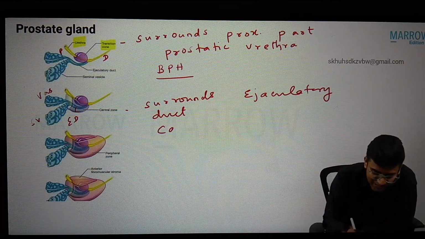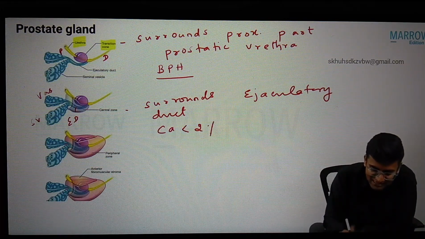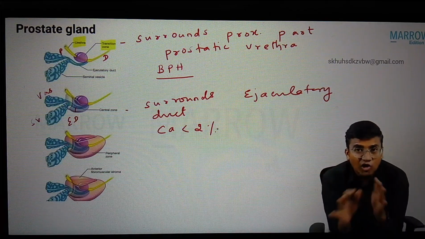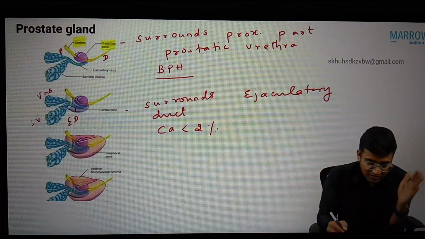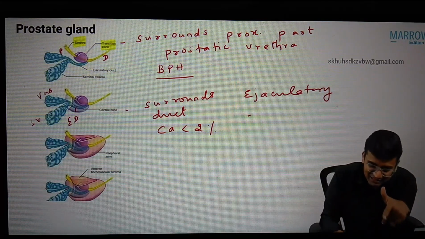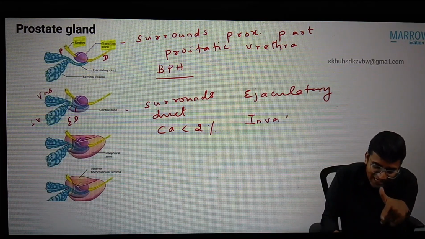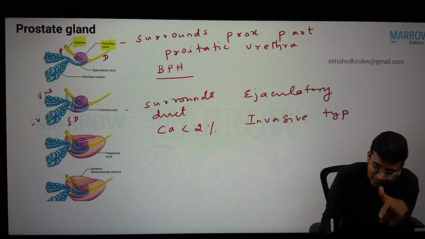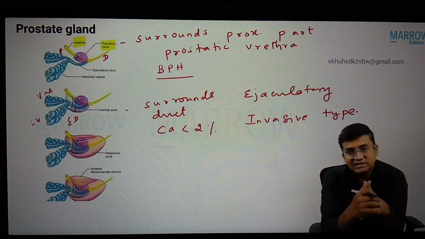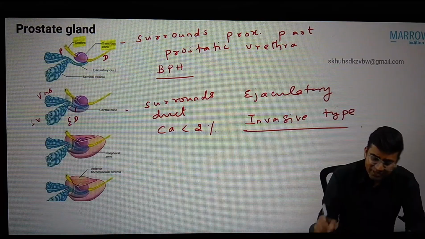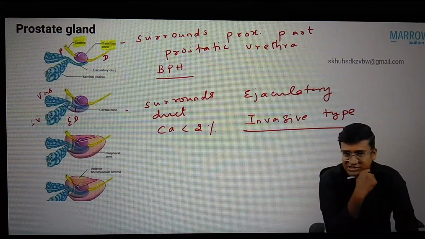A very important point is that cancer here is less than 2% only. It is not common. But carcinoma occurring in this region will be of a highly invasive type, because it erodes all the neighboring structures. Luckily it is very rare.